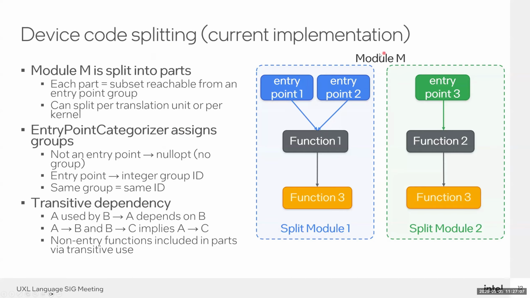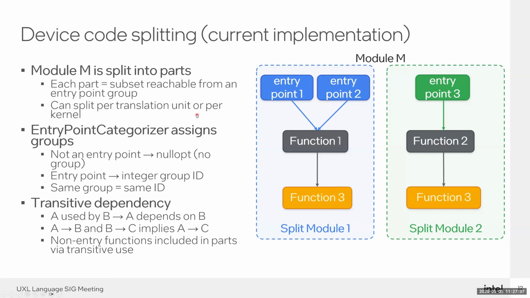For example, if you split a module by some category, with some entry points allocated in one output module and some in another, each of the modules will contain the subset of dependencies reachable from the entry points transitively.